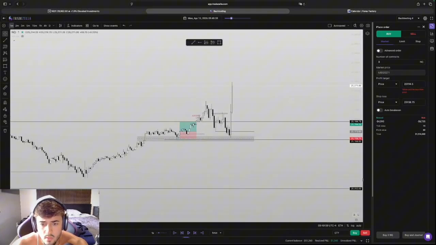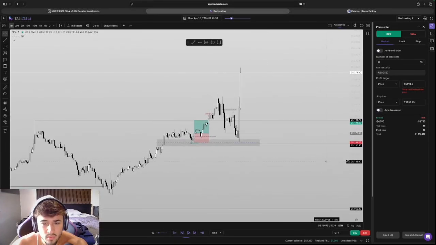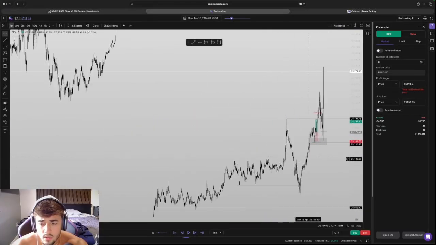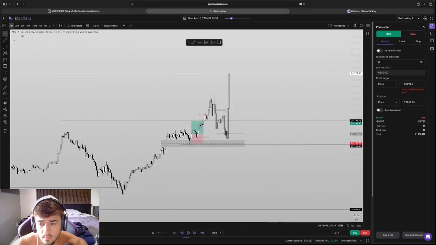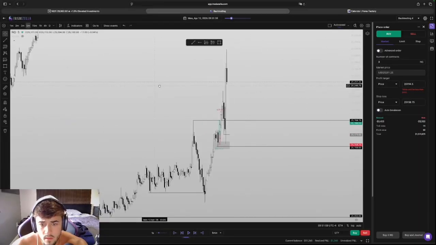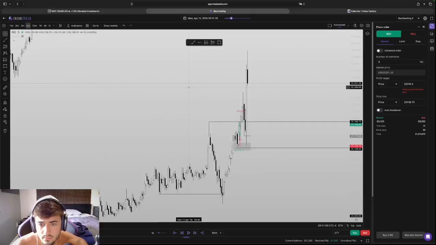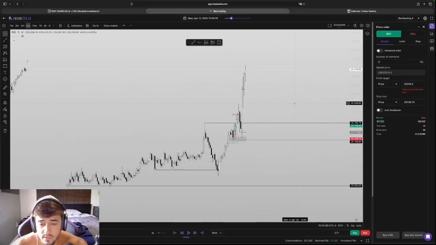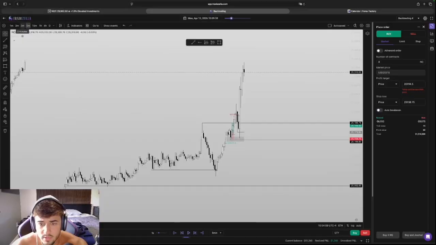Wow, wow. We are reading the charts like a book. Beautiful price action, to be honest. This is just going to keep ripping up.